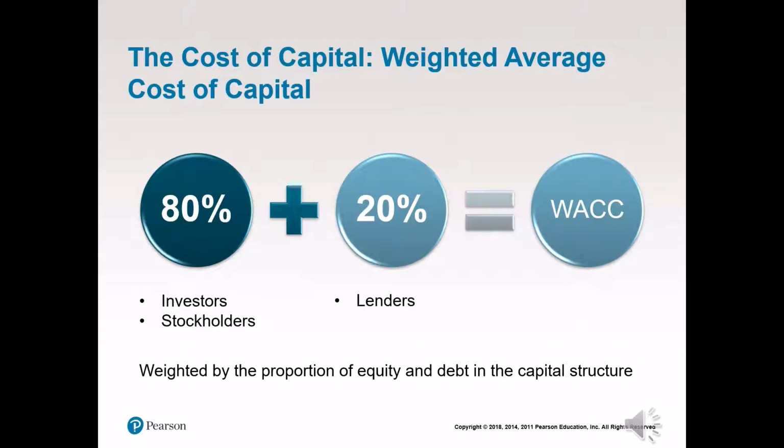Let's say that we were covering our capital 80% by equity and 20% by debt. Historically, our cost of equity is going to be higher than our cost of debt. So a weighted average would put more weight on the larger cost of capital, the equity, than it would on the debt cost of capital.